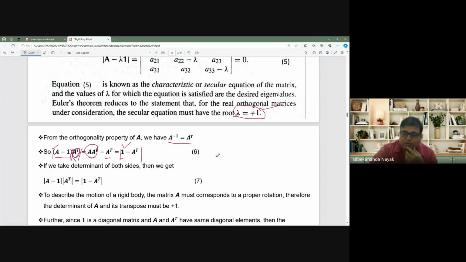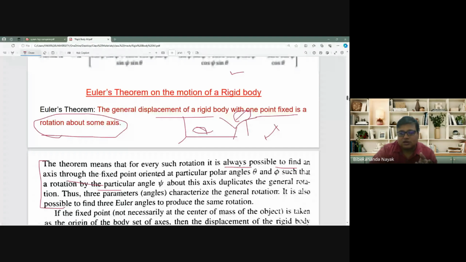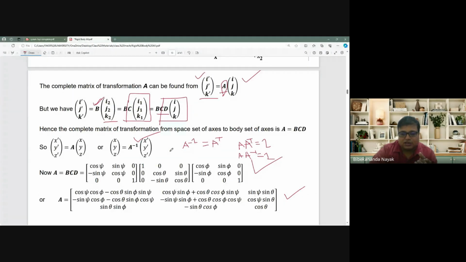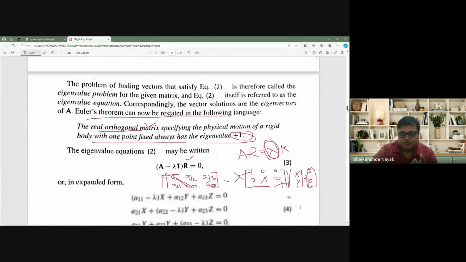The determinant of a matrix is the same as the determinant of its transpose, since transposing turns rows into columns. In any 2-dimensional rotation, whatever matrix you write with cos theta, sin theta, the determinant is cos square theta plus sin square theta, which is 1. The determinant is 1 because it is a proper orthogonal transformation. Improper means the determinant is minus 1.